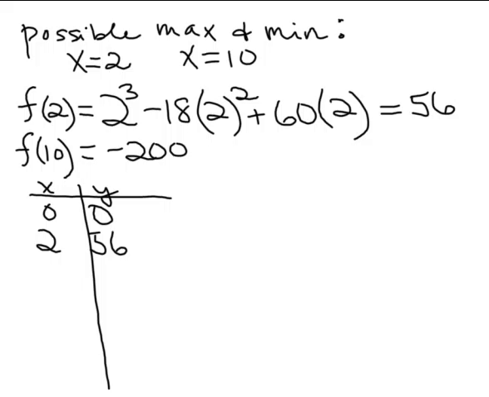We've found out that 4.418 is on our graph, and that was when y was 0. We found out, let's see, when x was 10, y was negative 200.